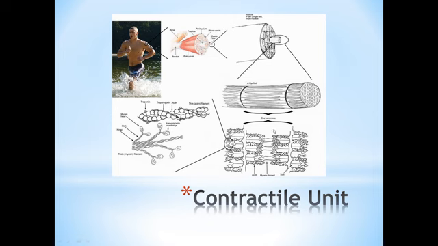So the important component of the contractile unit is looking at the relationship in length for the actin and the myosin during the sliding filament theory. So you can review the sliding filament theory from your notes in your earlier classes.